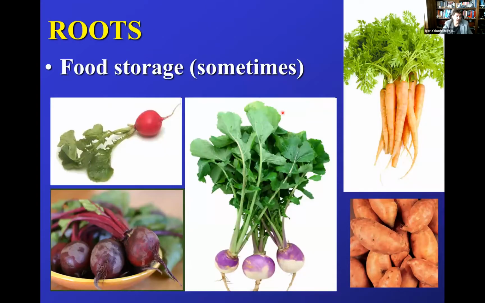Now, roots, some of the roots we are actually eating, the radishes, the beets, and then the carrots. And now take a look on this. This is sweet potatoes. Sweet potatoes are modified roots. Modified roots for what? For storage of the nutrients.